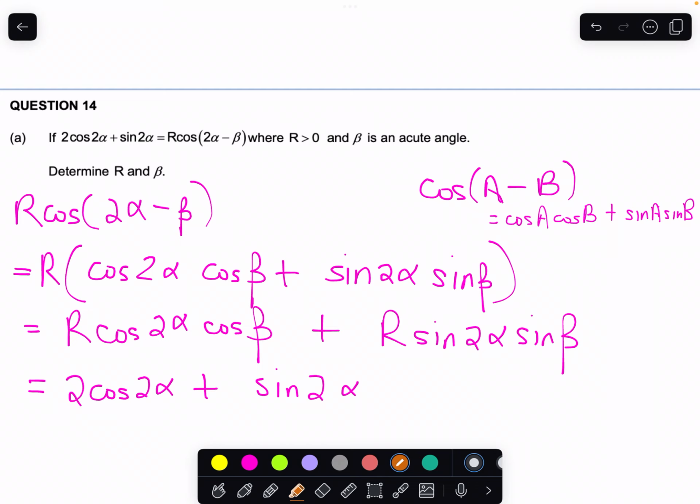I'm not convinced this is legal just yet, but I am seeing cos 2 alpha here, which makes me feel like r cos beta is equal to 2, and I'm seeing sine 2 alpha here, and we can scribble in an imaginary 1, which would mean r sine beta needs to be equal to 1 in order for this to hold.